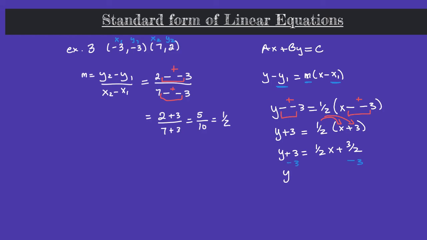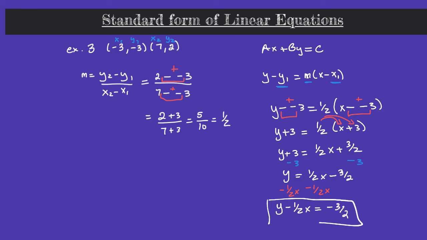And we have y is equal to 1/2 x minus 1/2, well, 3/2, sorry. And then we're going to subtract 1/2 x from both sides to get our variable terms on one side of the equation. And we have y minus 1/2 x is equal to negative 3/2. And this is our standard form of the equation given the 2 points above.